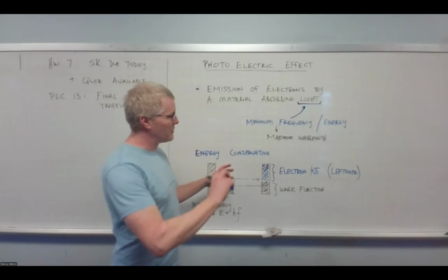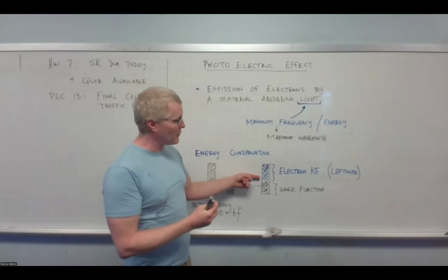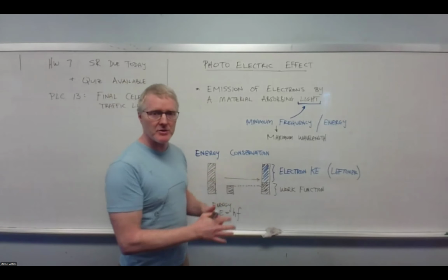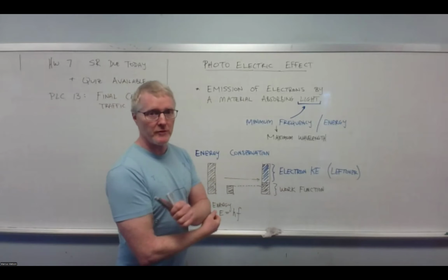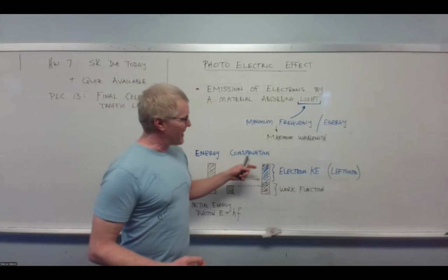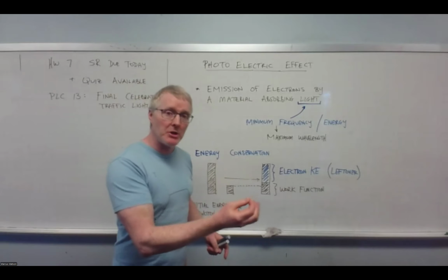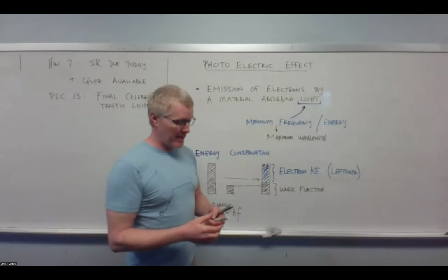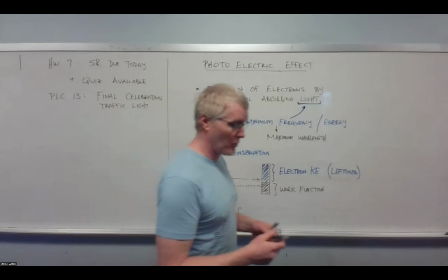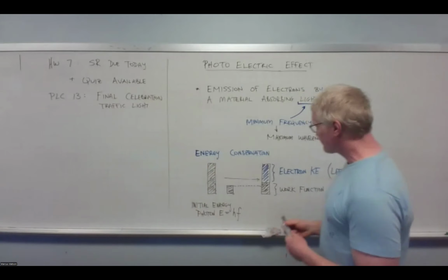You crank up past that, and that is what gives them the excess kinetic energy, and that's what allows them to start moving away from the material. And then this electron kinetic energy is ultimately what we can end up measuring using a stopping potential, or stopping voltage.